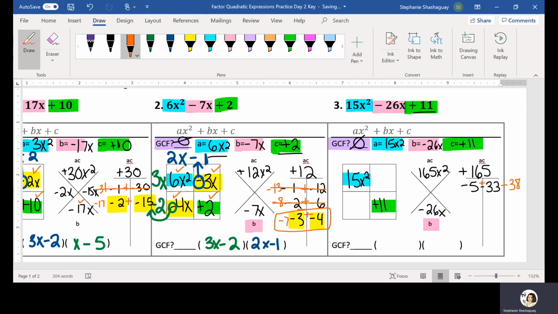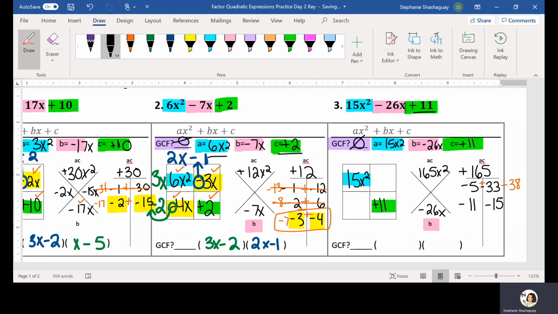So now I'm going to check 165. I can divide by 3. Well, that's not going to help me either. 165, maybe let's divide by 15. So my factors of 165, I would have negative 11 and negative 15. Okay, those are two factors of 165.